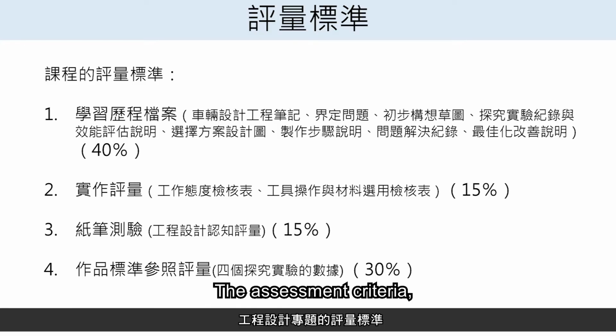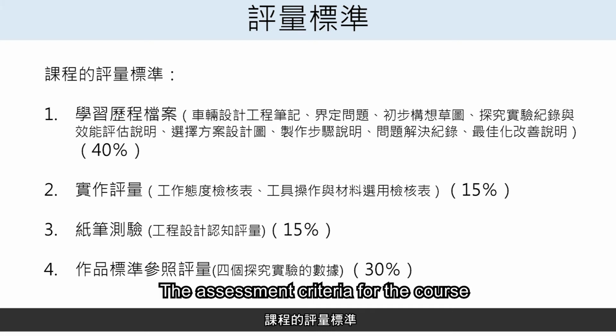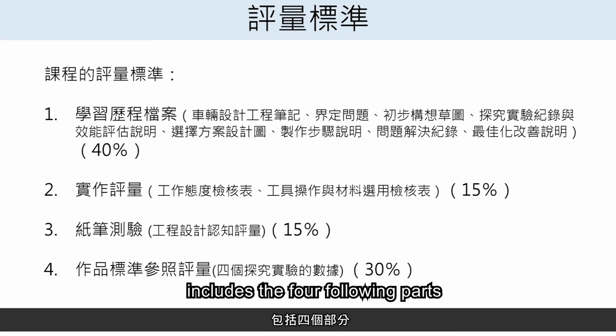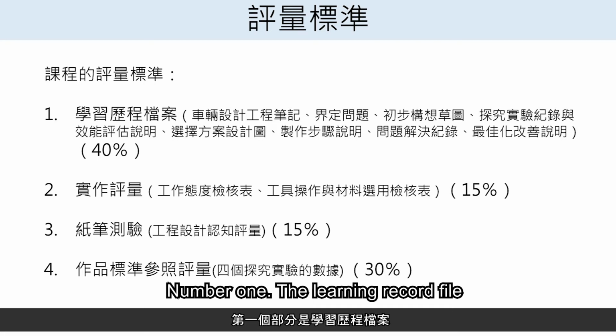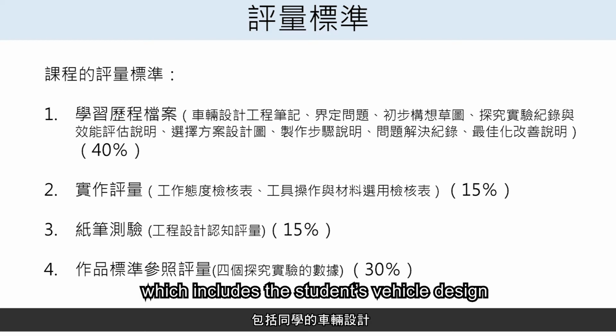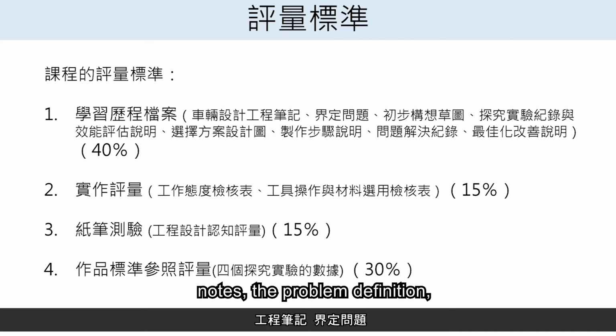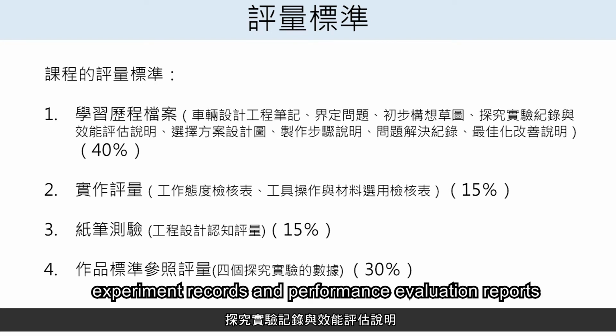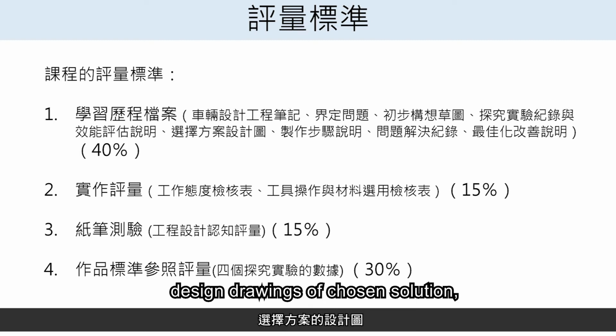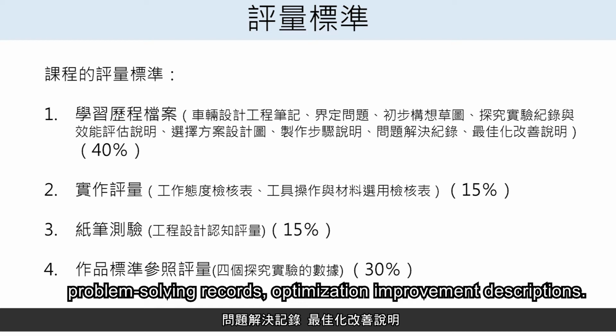The assessment criteria for the course includes the four following parts. Number 1, the learning record file, which includes the student's vehicle design, notes, the problem definition, initial concept sketches, experiment records and performance evaluation reports, design drawings of chosen solution, production step description, problem-solving records, optimization improvement descriptions.